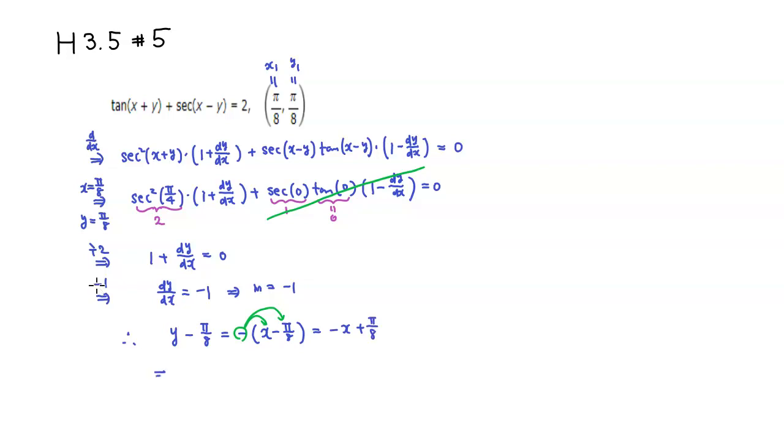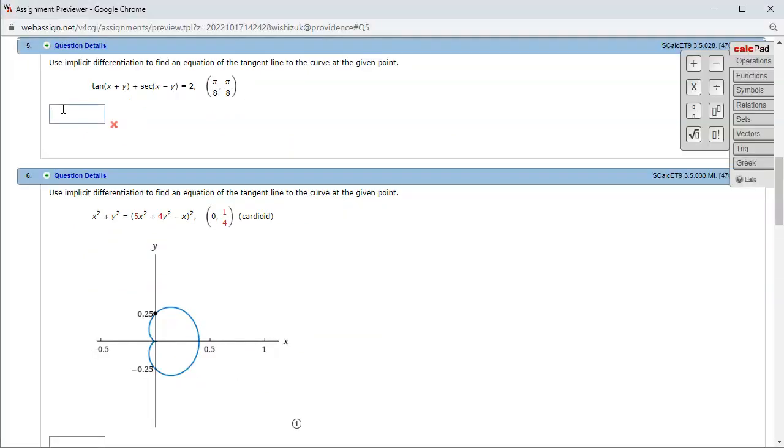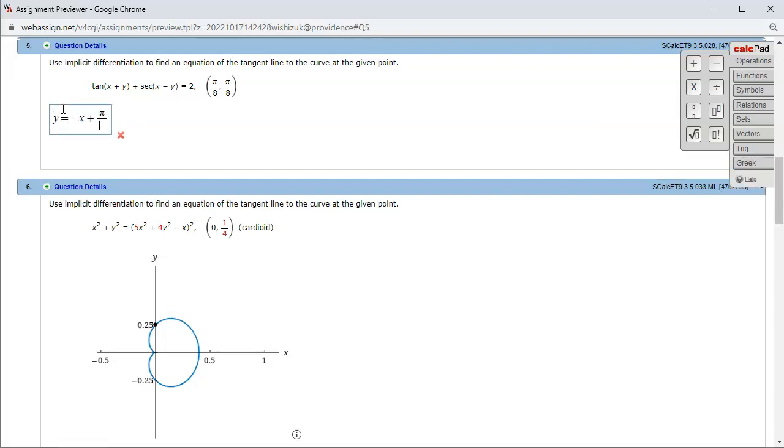So we can simply add pi over 8. So we have y equals negative x plus pi over 8 plus pi over 8, which is pi over 4. Let's type it in. So we have y equals negative x plus pi over 4.